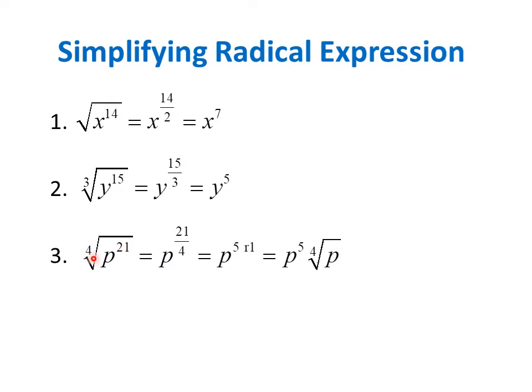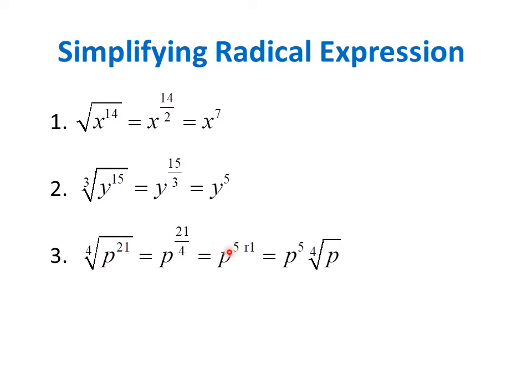Next, what is the fourth root of p to the 21? So how do we get the fourth root? We simply divide the exponent by the given index. So we have p to the exponent 21, divide that exponent by the index 4. What is 21 divided by 4?